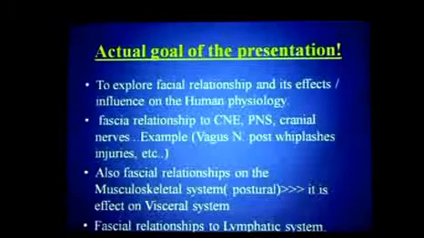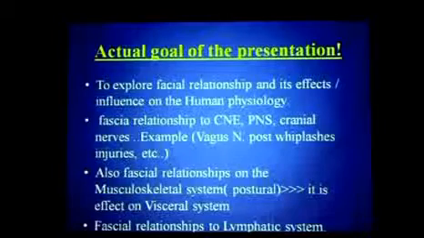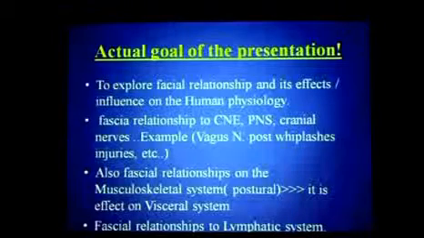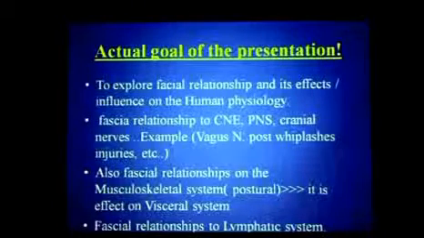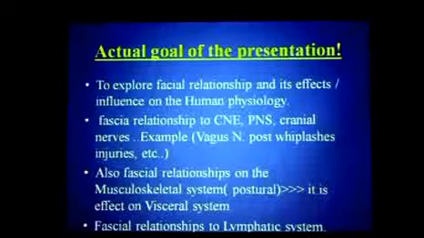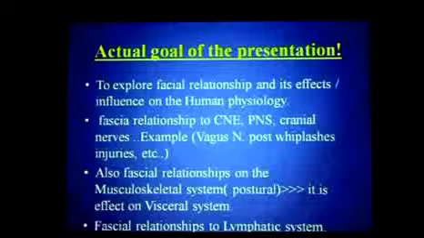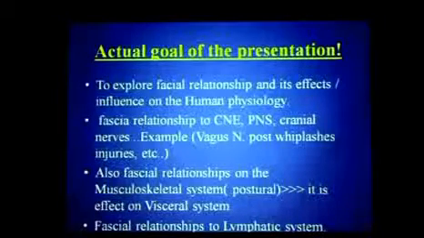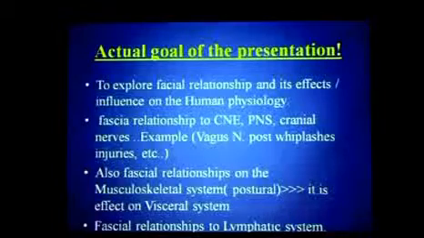The actual goal of the presentation is to explore fascial relationships and their influence on human physiology. It sounds crazy linking the fascia to the human physiology. It sounds a little bit big, but actually we'll figure this out in a moment. Fascial relationship to the central nervous system, peripheral nervous system, cranial nerves, and other structures.